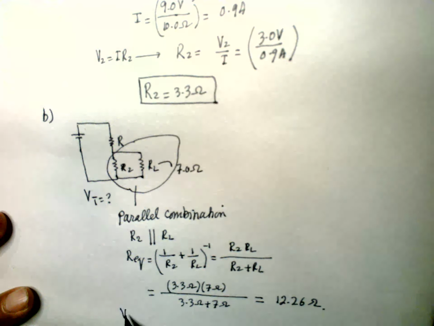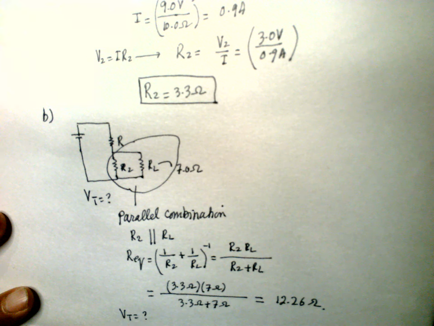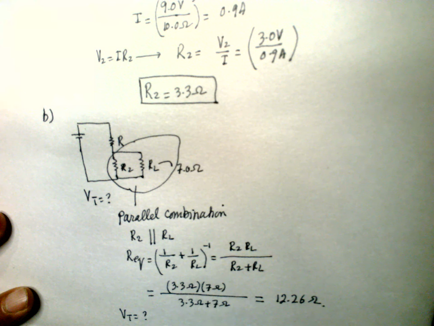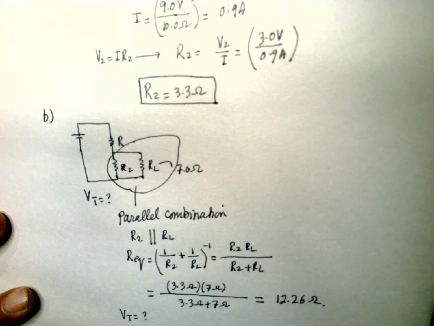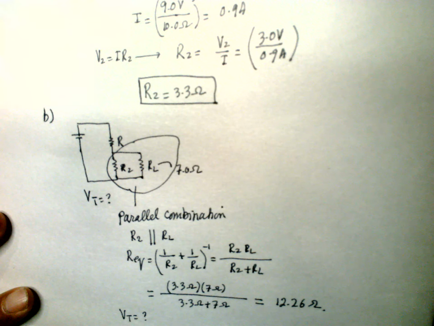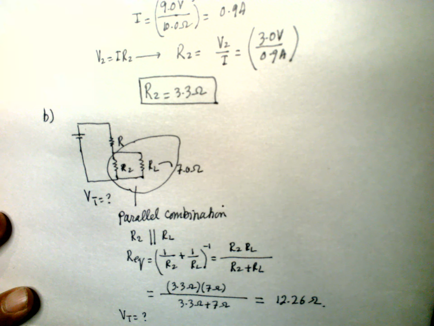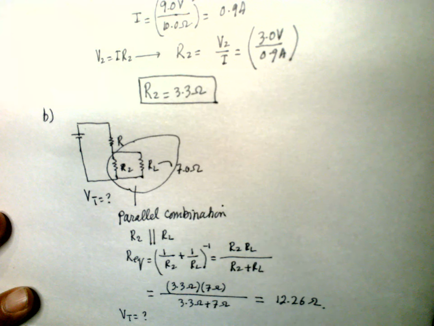So now we have to find VT, but for this one we have to find I and then V2. So first this one, V is equal to IR, I is equal to V over R. So the previous one.